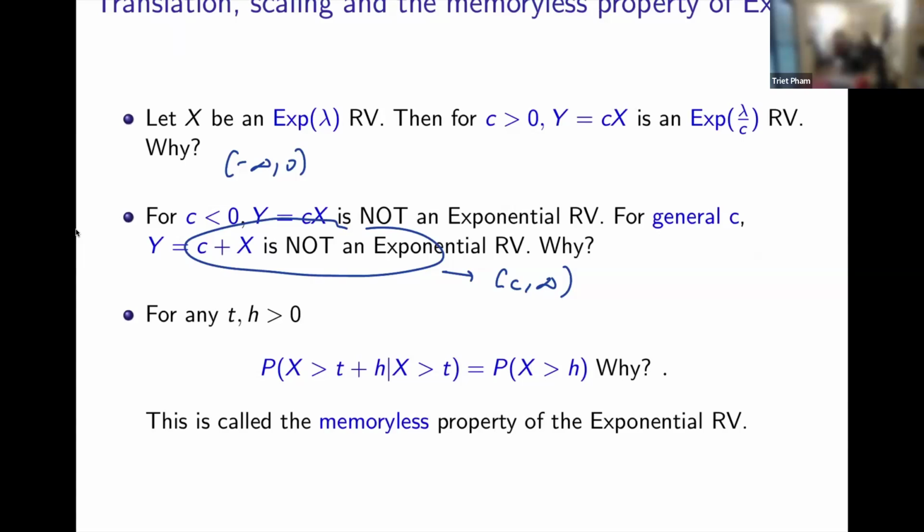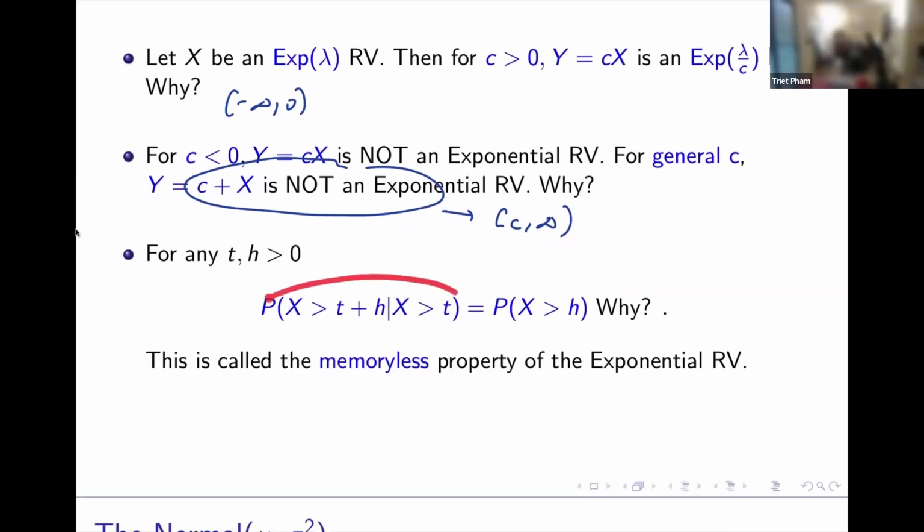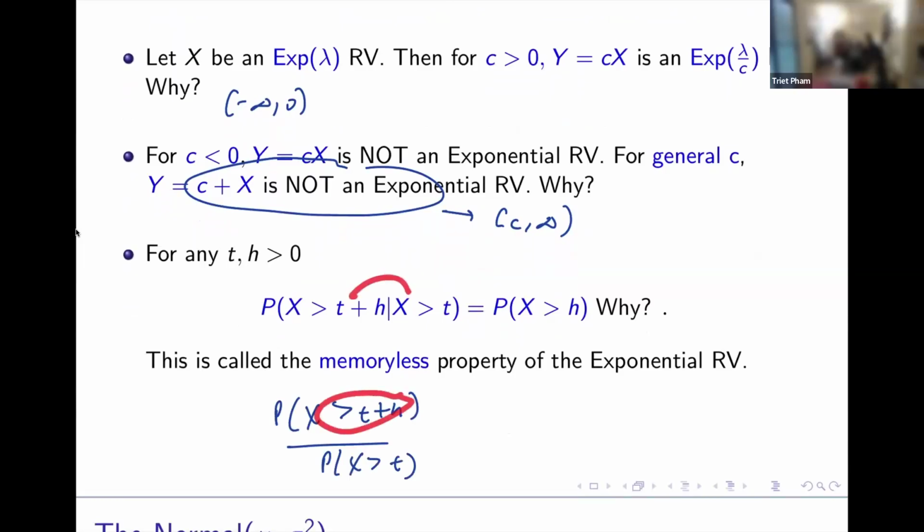All right, so first of all, let's prove this right away. It's very quick. Using the definition of conditional probability, the left-hand side is just P(X > t+h) over P(X > t), because I can combine these two together to just t+h.